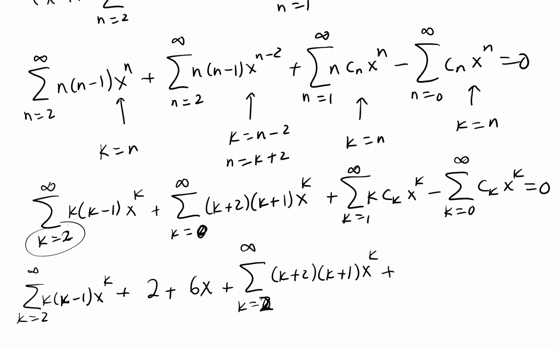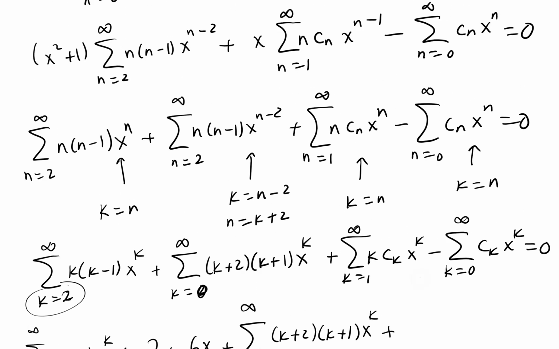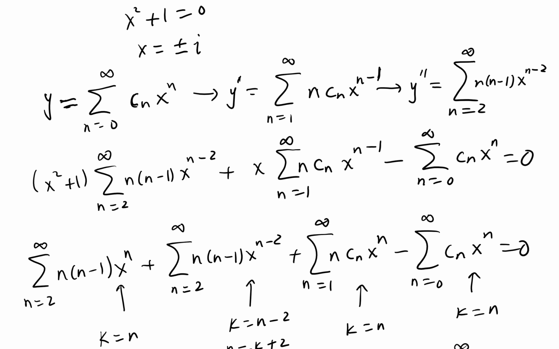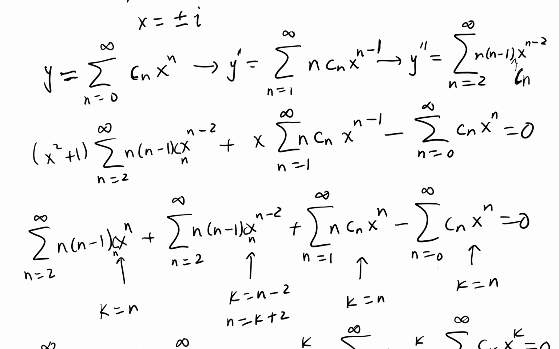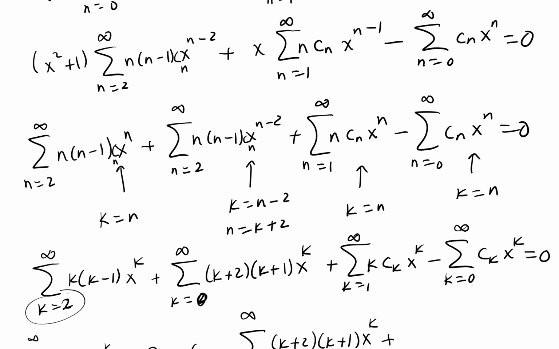Plus, here we take k equals 1... wait a minute, did I forget something? I forgot the c sub n. So there's a c sub n. We need to fill in all the missing terms now. Here c sub n, and here c sub n. Here c sub k. Here c sub k plus 2. And the rest are fine.